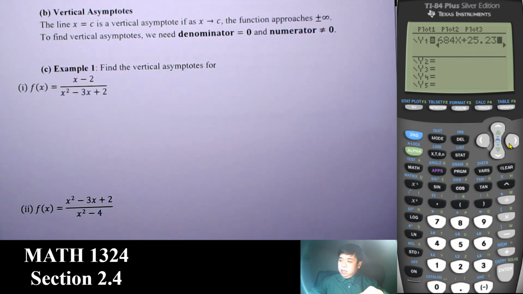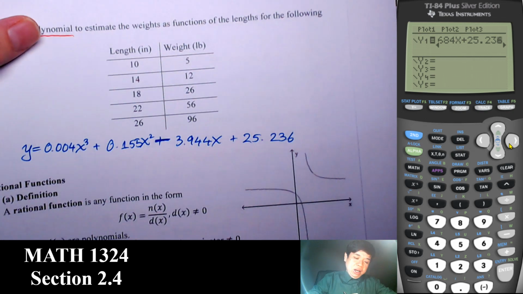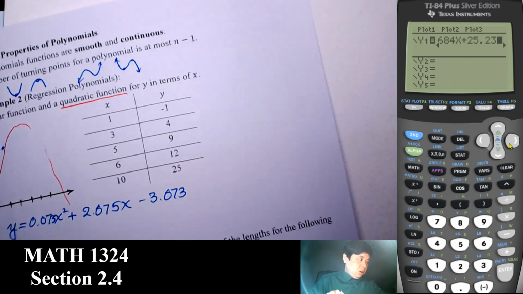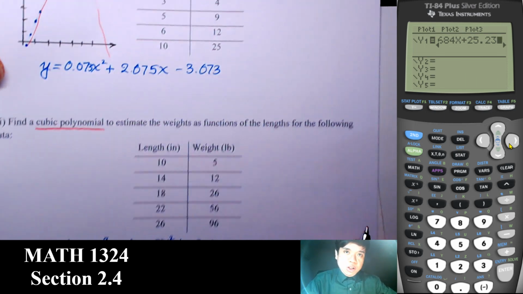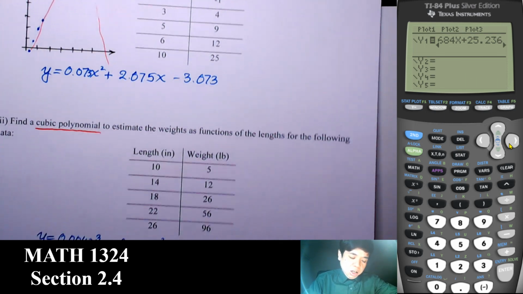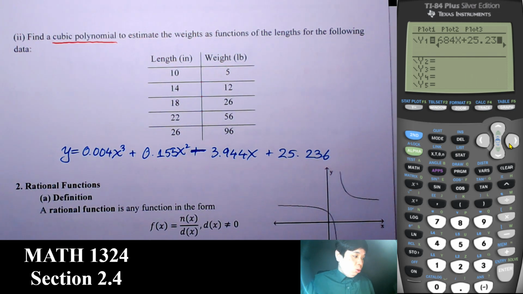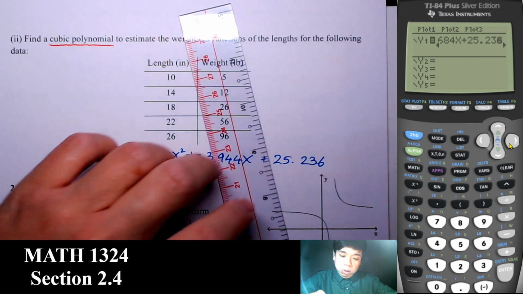When it is like that, the domain is everything where the denominator is not equal to 0. Now, some special features: because the denominator is not equal to 0, potentially if it is equal to 0, we will have a break in the function.